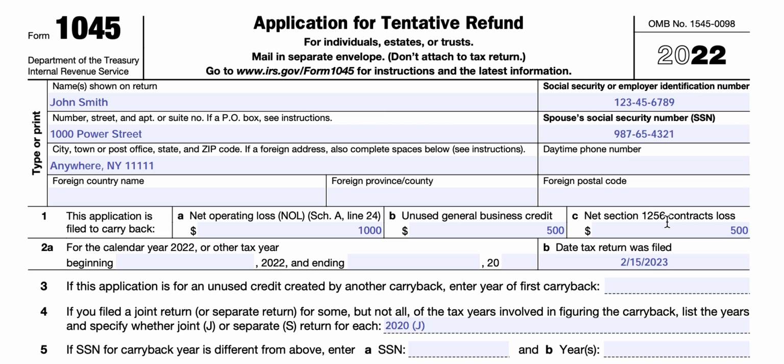You would file it separate from your income tax return so that you can get a faster refund from the Internal Revenue Service. Generally, you would need to file this form within 1 year after the end of the year in which an NOL, a net operating loss, unused credit, net Section 1256 contracts loss, or a claim of right adjustment came up.